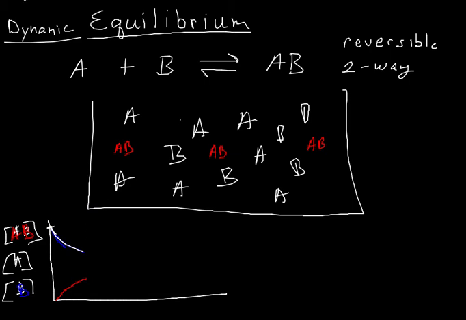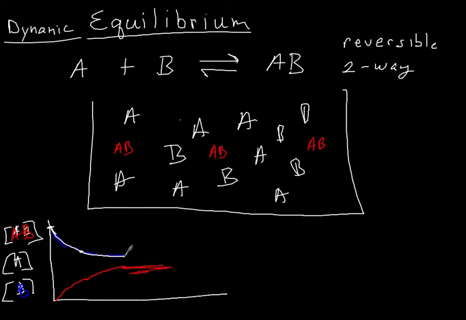And so we're going to produce less and less AB as there's less and less A and B available to react. And so the reaction is going to level out.